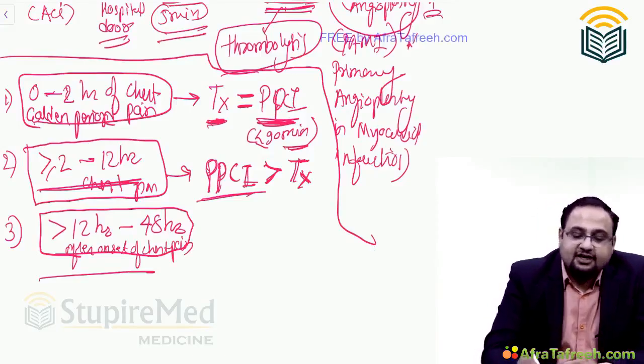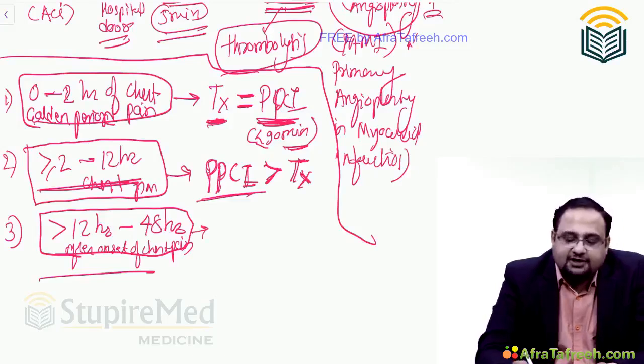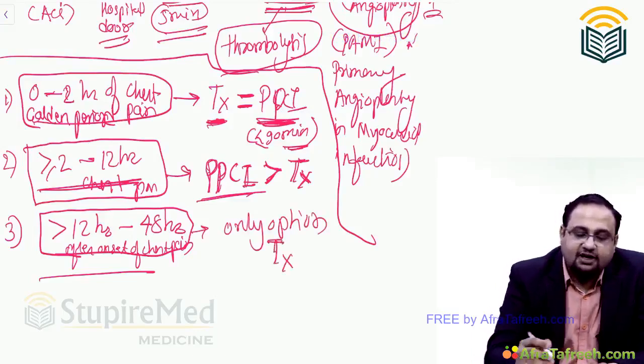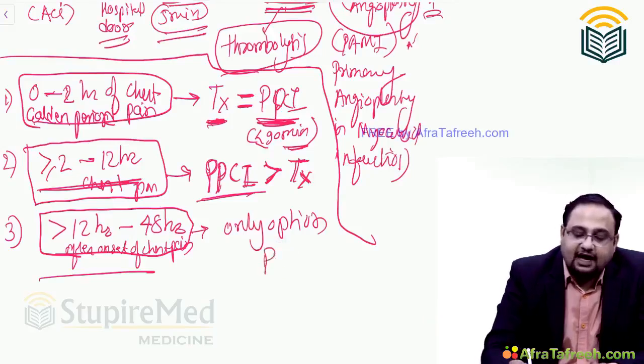So in that, friends, remember, the only option in these patients is primary PCI, because thrombolysis is contraindicated.